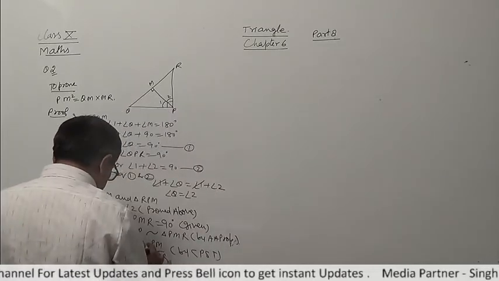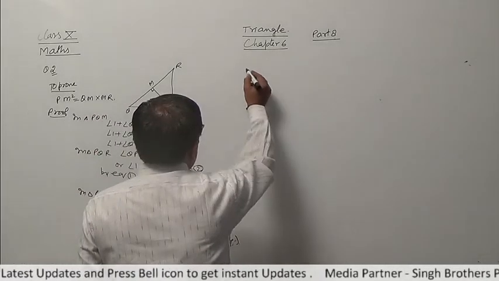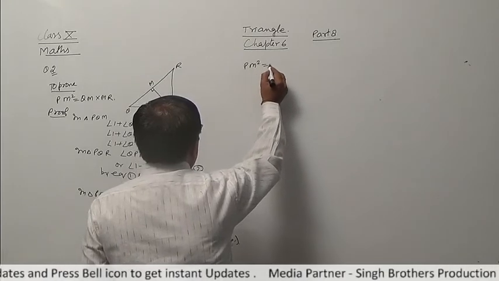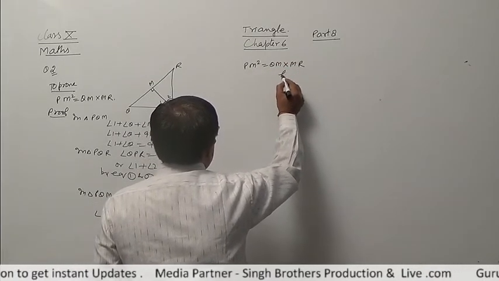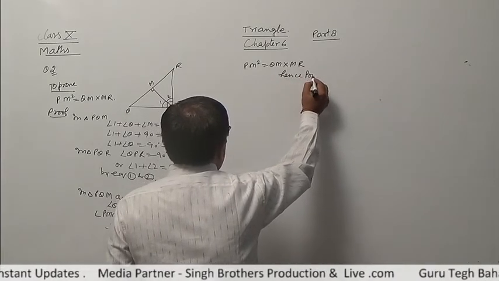Cross multiply, we get PM square is equal to QM into MR. Hence proved.